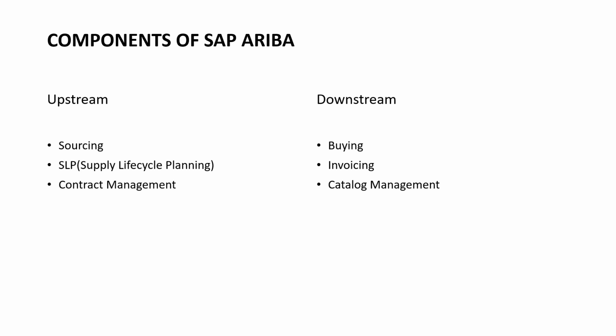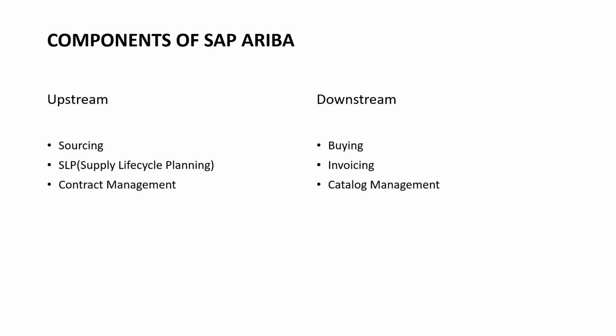There are 2 components of SAP Ariba. First one is upstream and second one is downstream. Okay. In upstream, there are 3 modules. First, sourcing. Second is SLP, which is nothing but supplier lifecycle planning. And third is contract management. Similarly, in downstream, there are 3 modules.